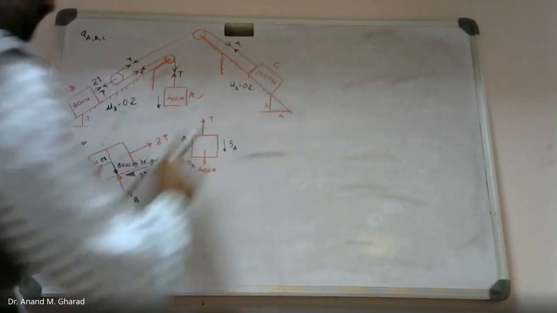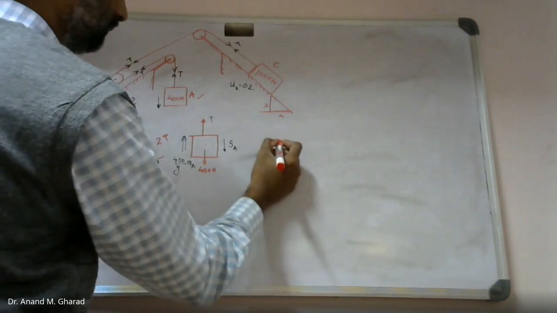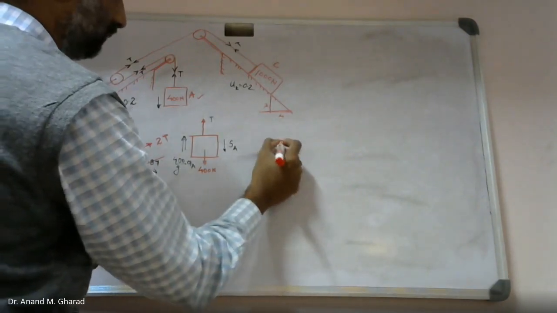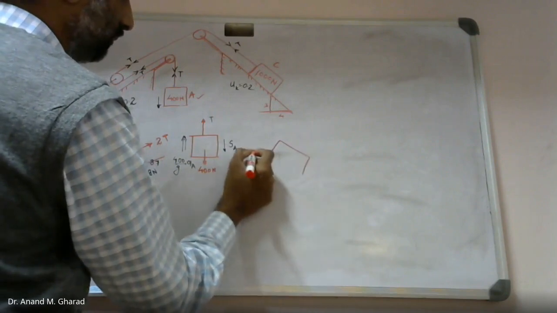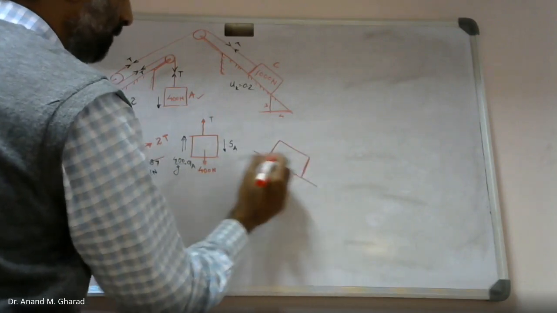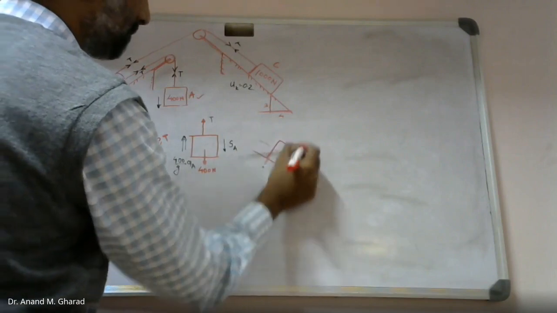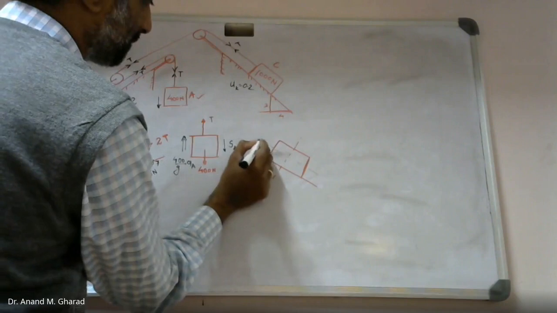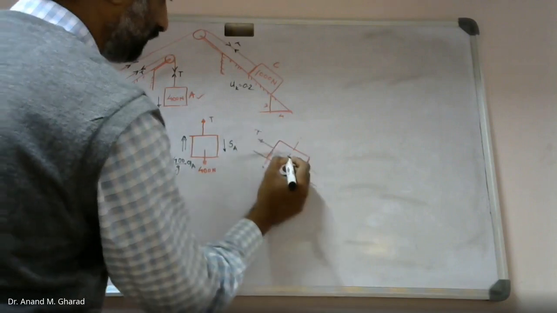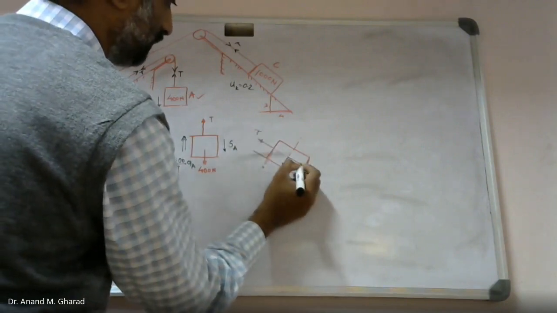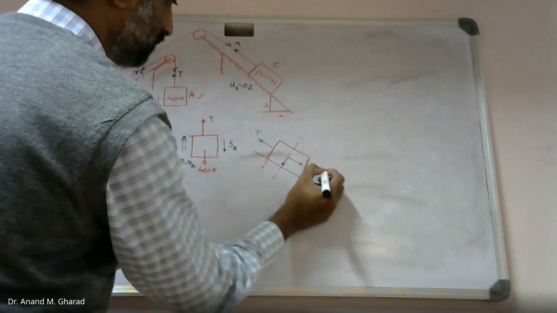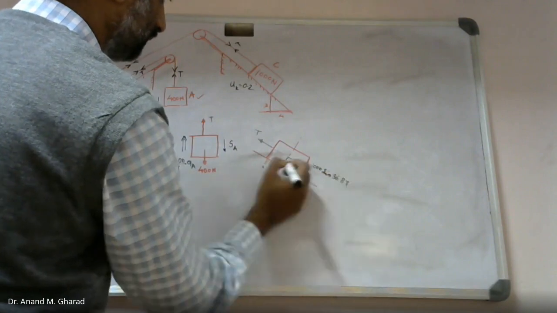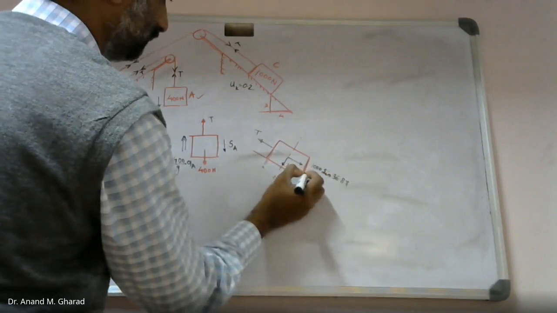And this block C is 1000 Newton. This is T, then these are the two components, 1000 sine component, 1000 cos component.